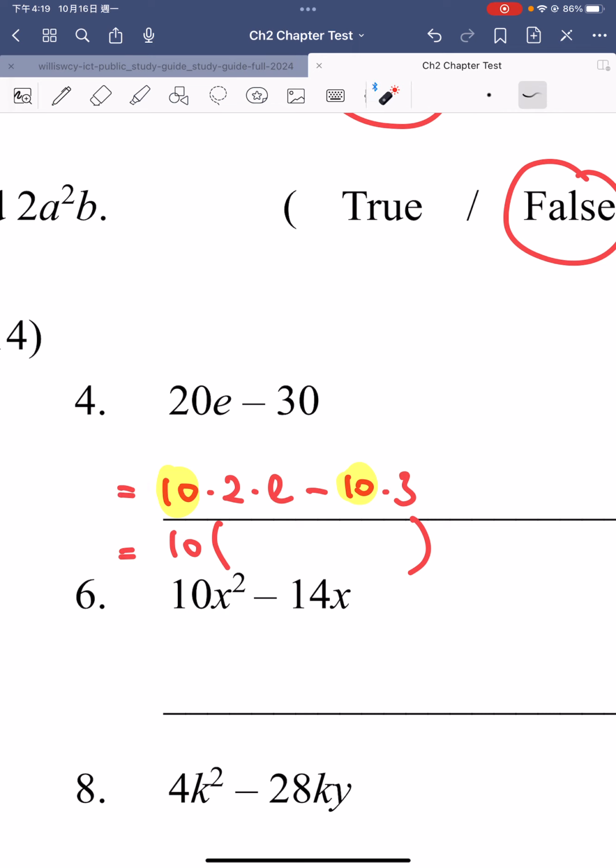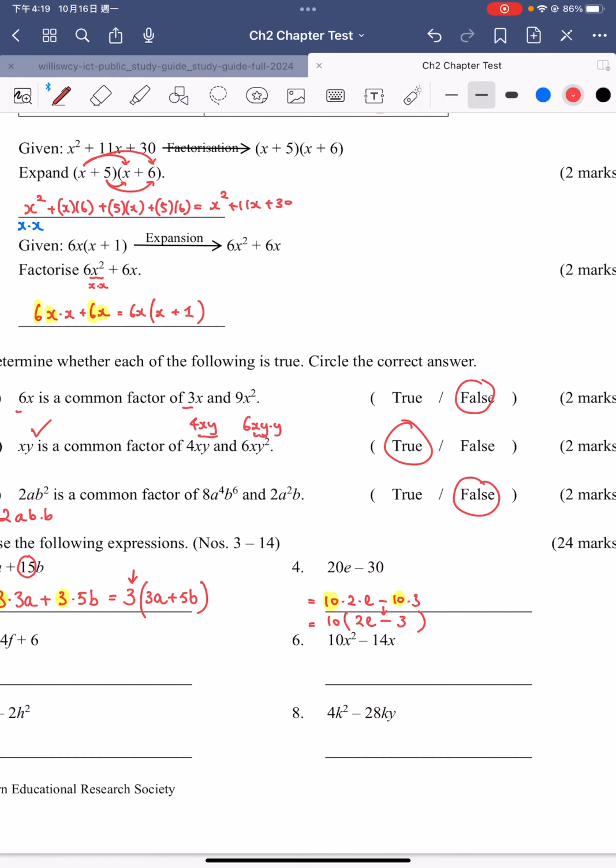So 10 times 2 times e, you take out a 10, so what we are left with is just 2e. And for 10 times 3, you take out 10, so what we have is just 3. Remember to keep the middle sign, which is the minus here. You don't need to change it. So again, when you take out a common factor, you must add a bracket afterwards.